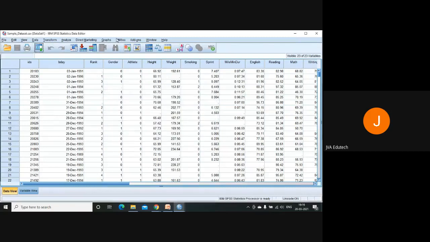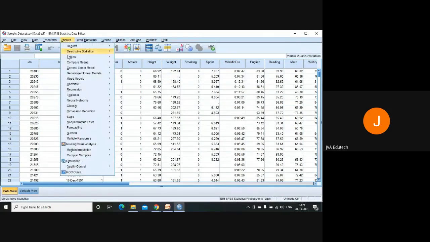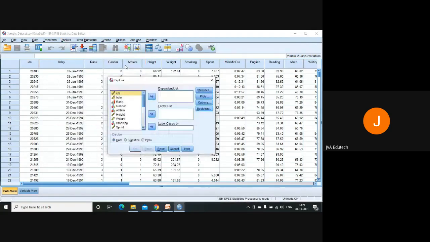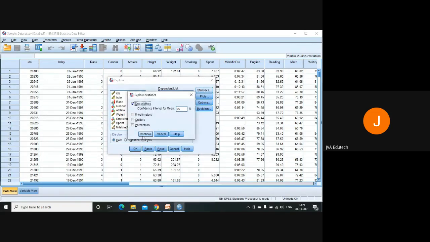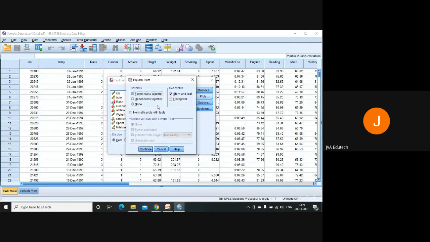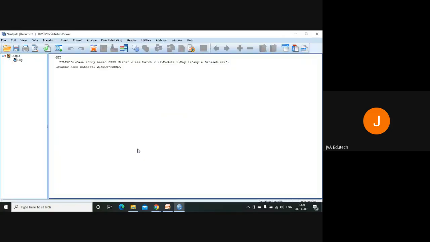Or if you want, we can test whether it's normally distributed or not. So you can go to Explore. I'm repeating the method again. Height, okay. Statistics, nothing. Go to Plots, Normality plots with tests. Continue. Okay.